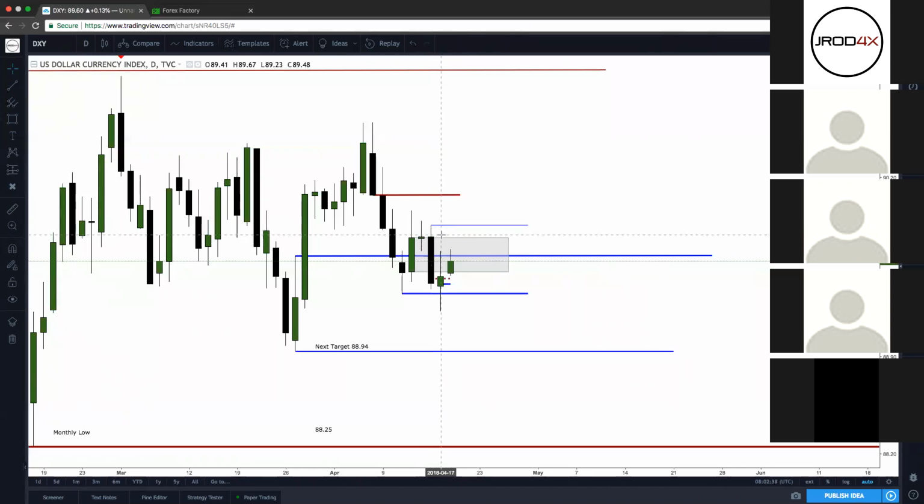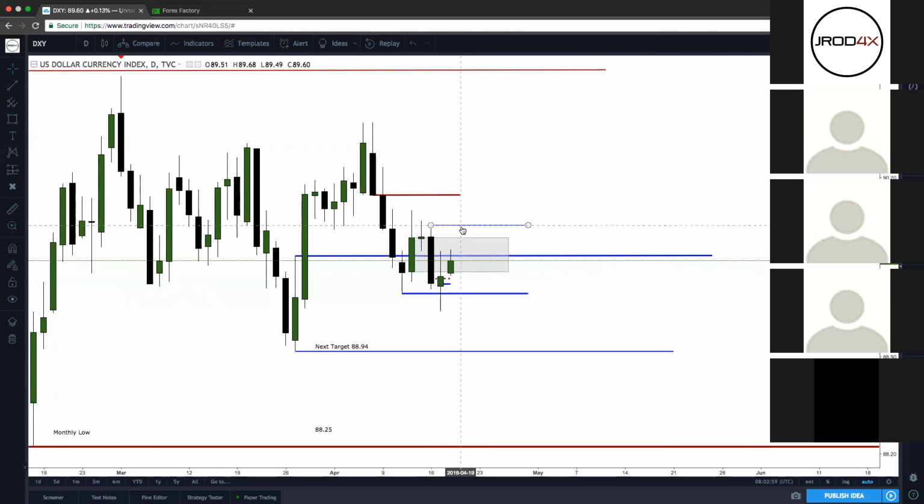So if the market comes and trades back above this high, then any selling opportunity on the dollar index would, at least for the short term, be out of the picture because it broke a new high. We've made a higher high, which would indicate bullish market structure.